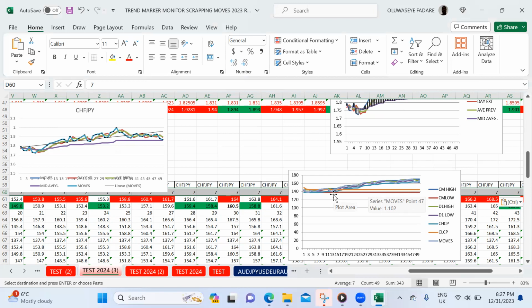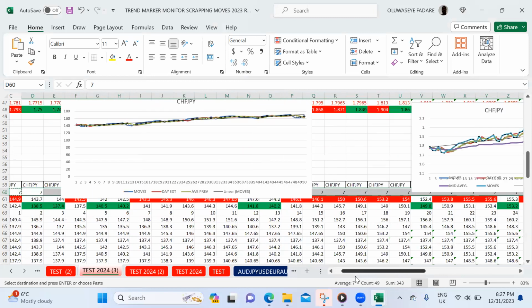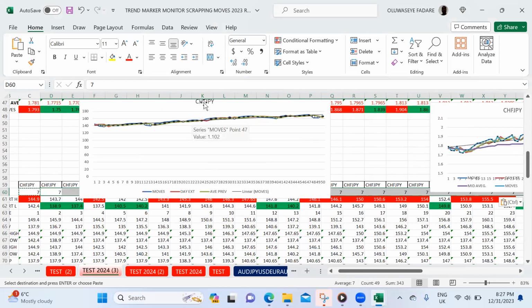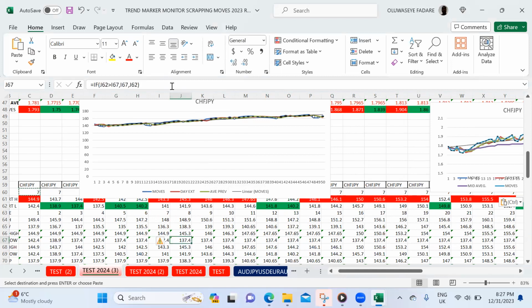Okay, so that keeps us informed about the direction of the market, and also helps us to take correct actions as much as possible. So that is it on our trend marker monitor template.